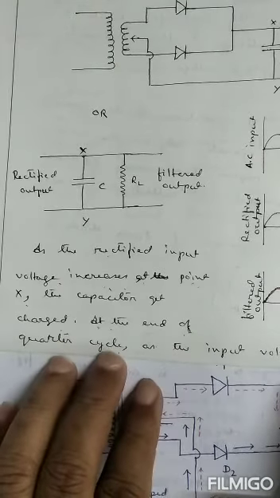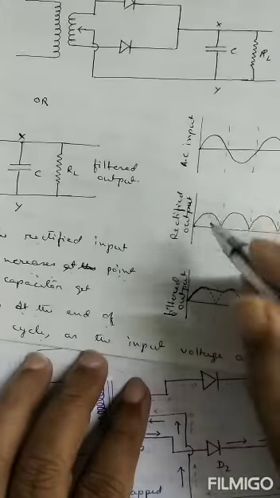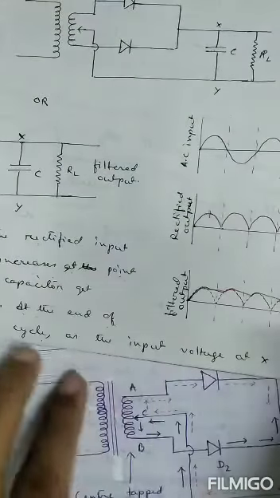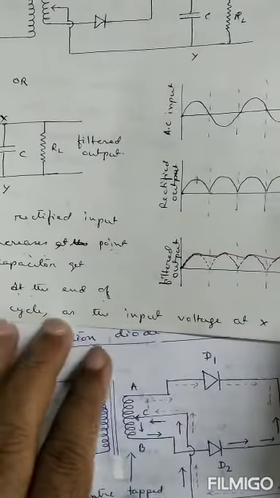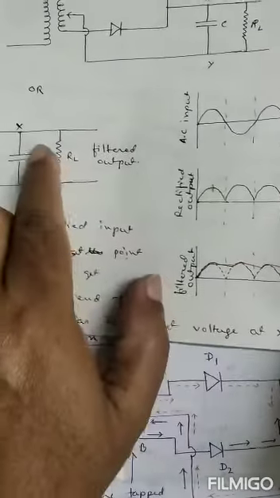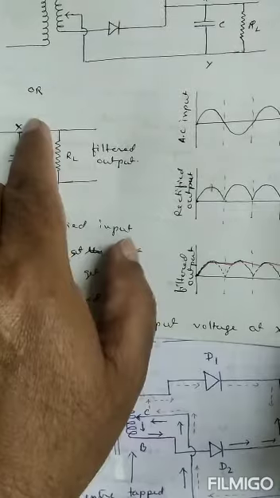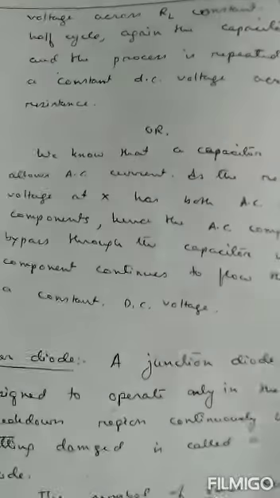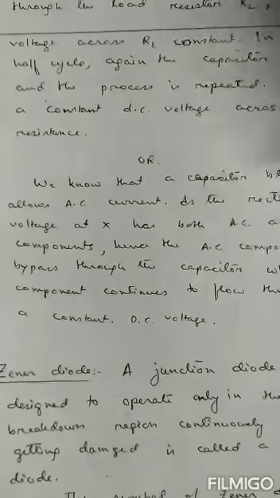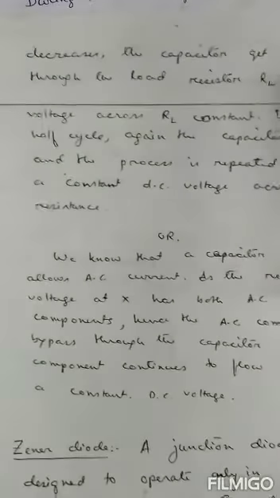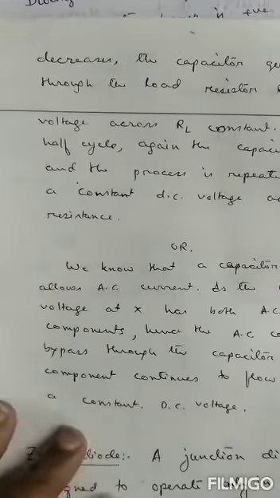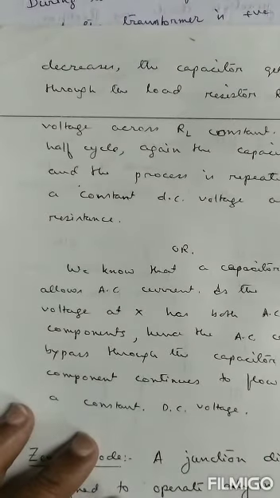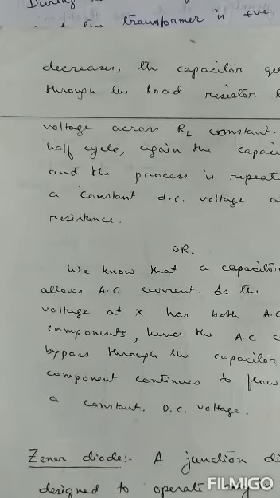At the end of the quarter cycle, from here to here is a half cycle, so this is the end of the quarter cycle, as the input voltage at X decreases, the capacitor gets discharged to the load resistance, keeping the voltage across RL constant.